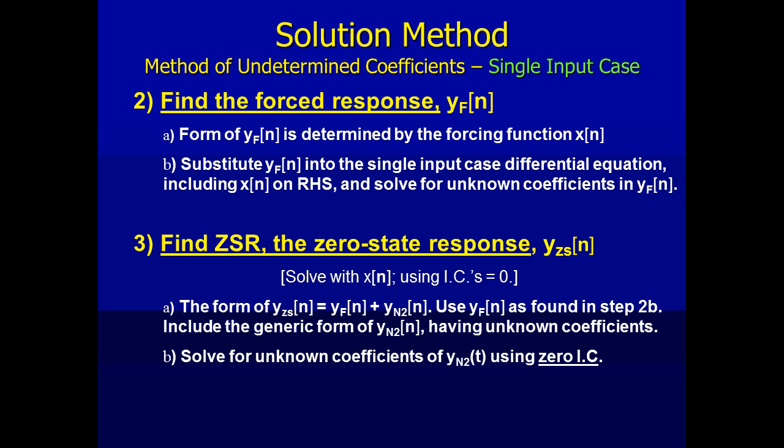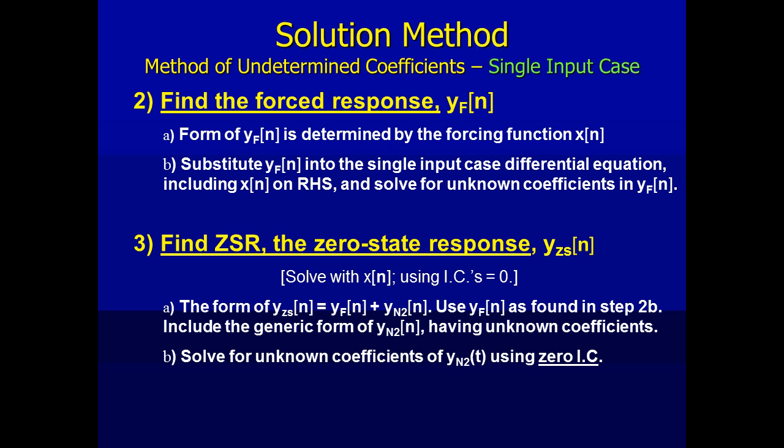Forced response. I know what that is. I just solved for it. It's over there somewhere. 4/3. Right? It's 4/3 u of n. Flip the page here. And the natural response. What can you tell me about the natural response? It looks a lot like this guy.